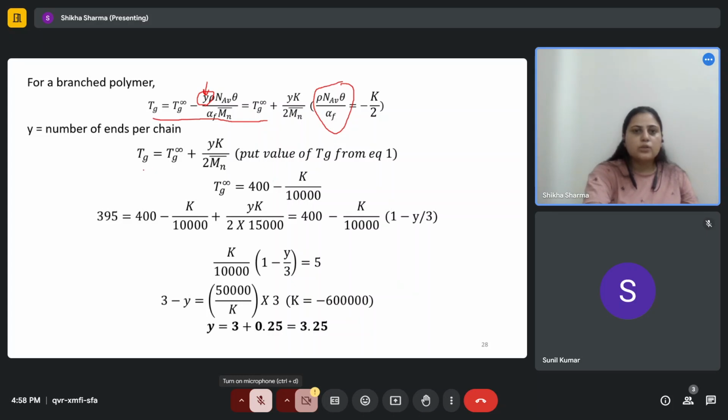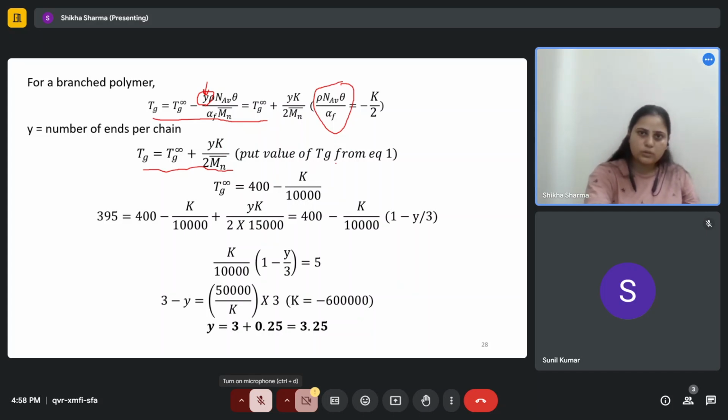So Tg, the glass transition temperature of the polymer, is equal to Tg at infinity molar mass plus, because minus minus is plus, y K by 2 Mn bar.